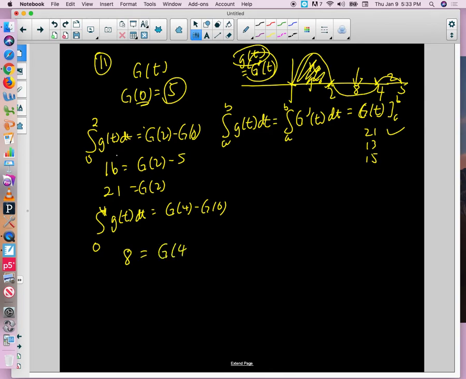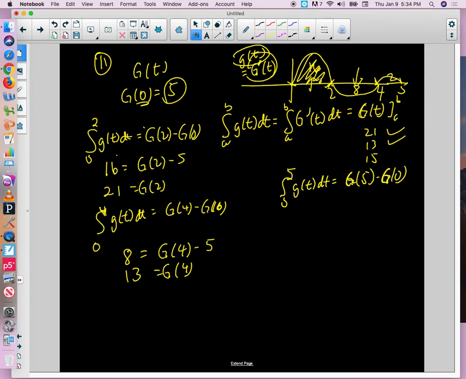G of 0 is 5. So G of 4 is 13. That's what this is. Then I'm going to go from 0 to 5 of little g, which will take me to capital G of 5 minus G of 0.